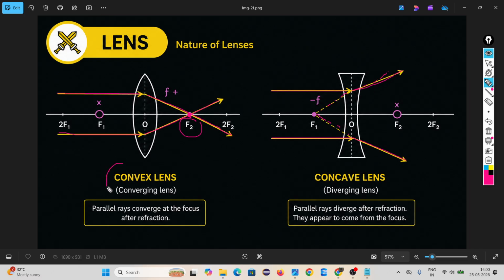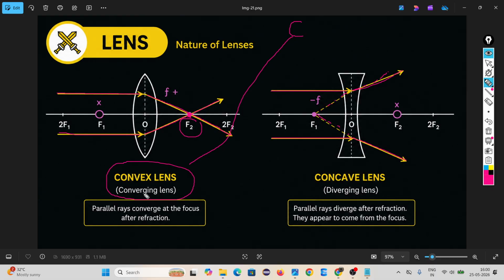That's why a convex lens is called converging. Converging means you gather the light. Here, in F2 we are gathering the light. But diverging means you send it in different directions. Here we are gathering, here we are spreading.